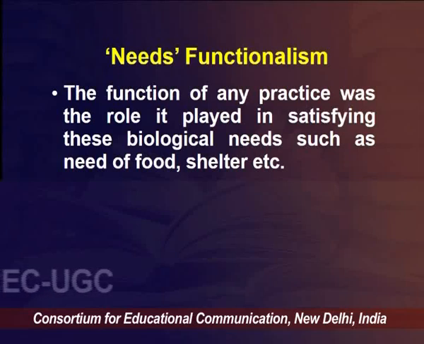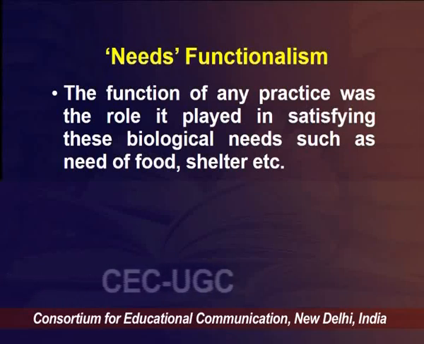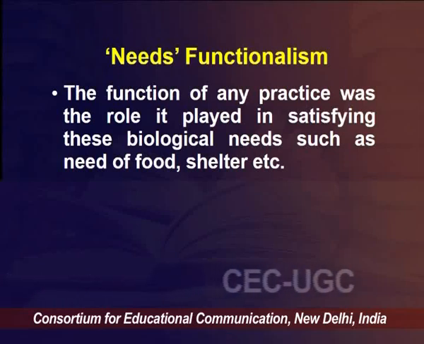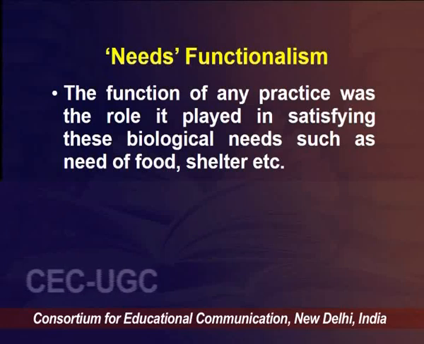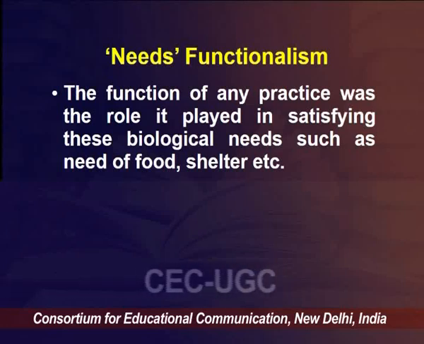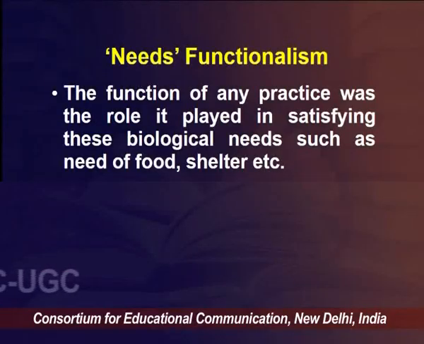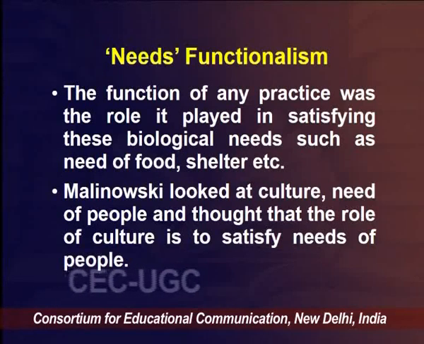Some of the basic biological needs are food and shelter, and how do we ensure that everyone in the society has food? This is through the understanding of distribution, or how norms are created in the culture to ensure that every human being's needs are satisfied.